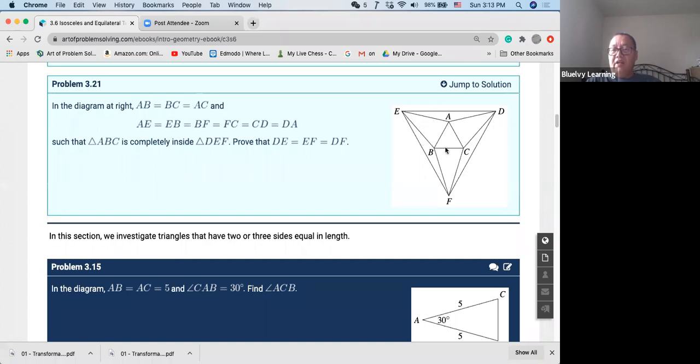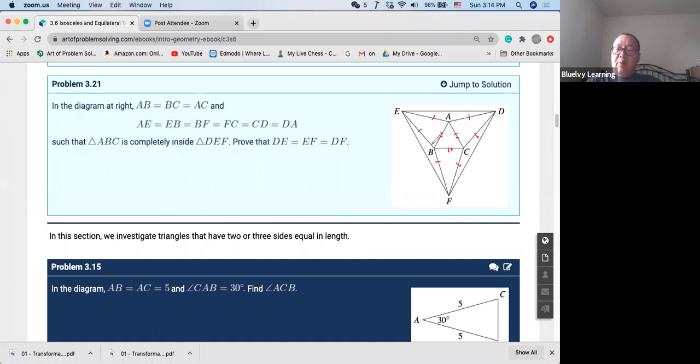AD also equals BF, because all these sides are equal as given. Since our conclusion is DE equals EF, we cannot use that.